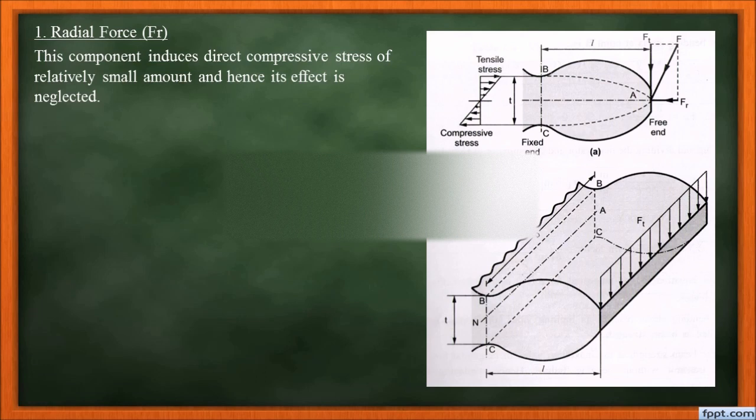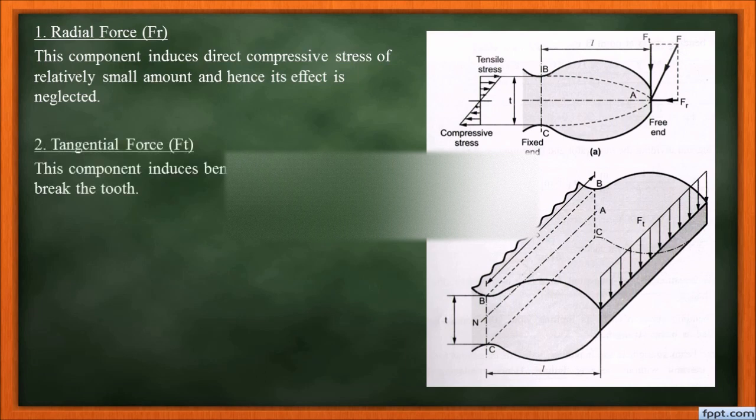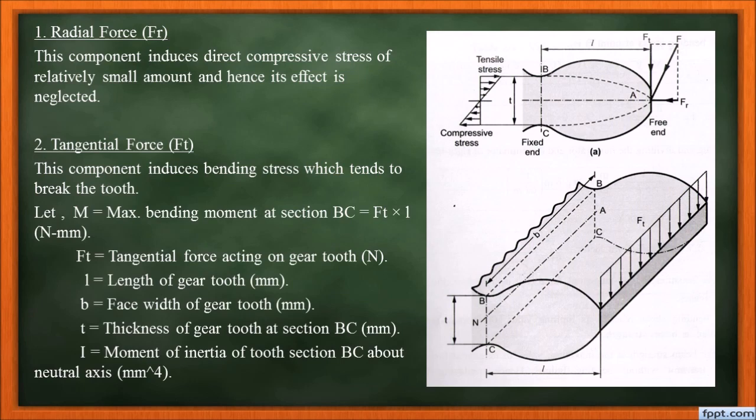So the first radial force Fr, this component induces direct compressive stress of relatively small amount and hence its effect is neglected. Second, tangential force Ft, this component induces bending stress which tends to break the tooth.